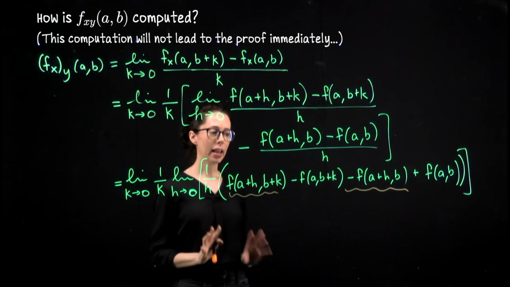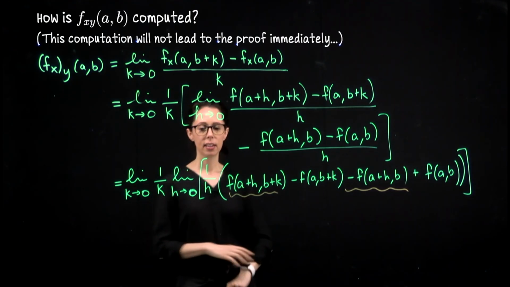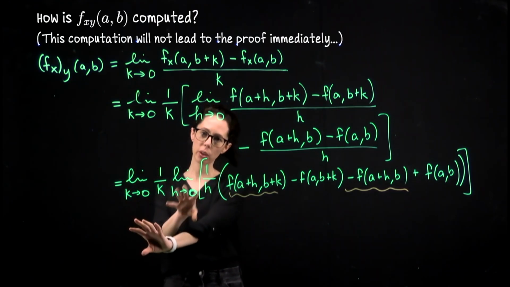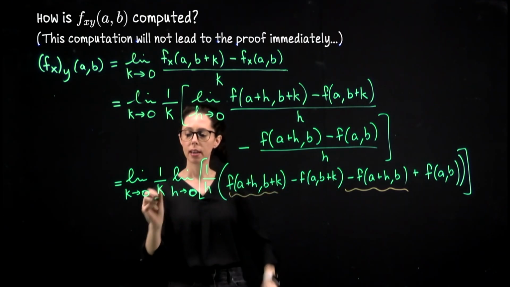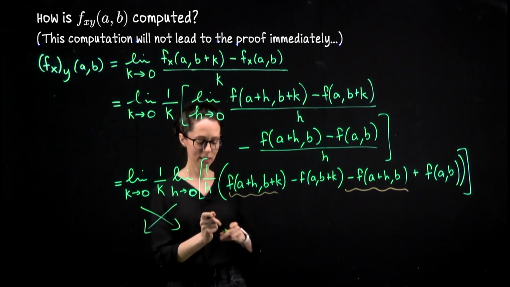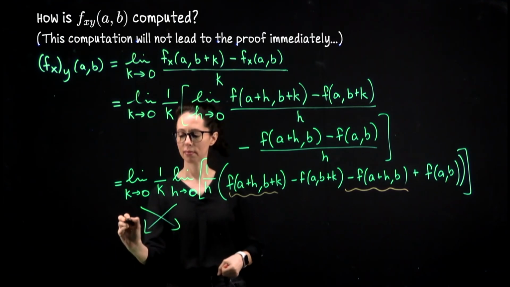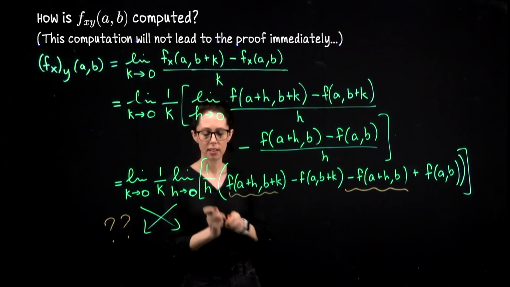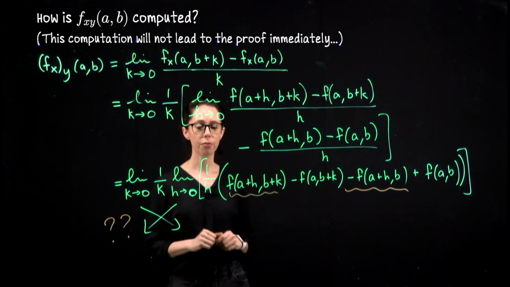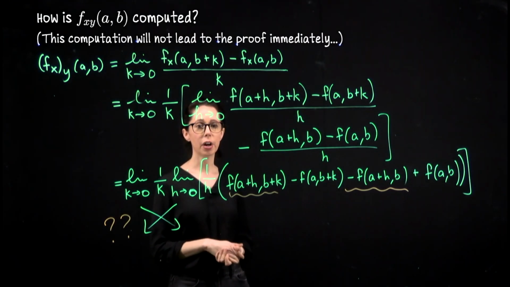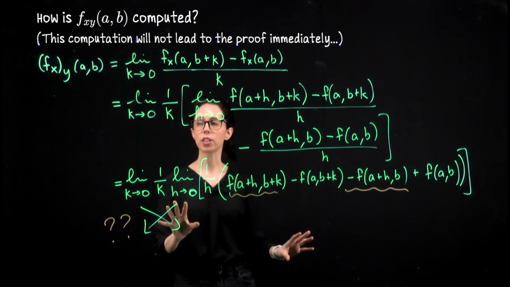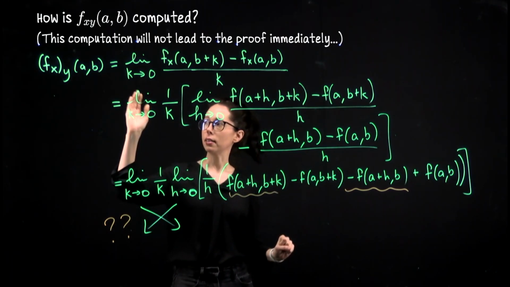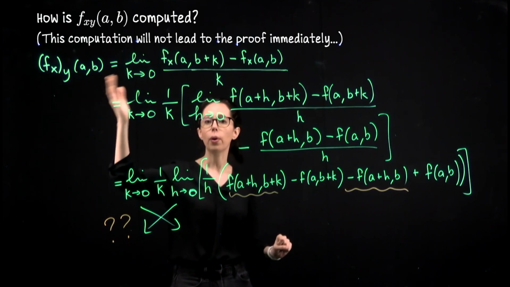But what I don't like is that explanations will then say, and then switch the order of the limits. So bring the k in, rearrange terms, do this, and then this, so that you take the limit as k goes to 0 first, and then as h goes to 0. And if that's fine, yes, after rearranging terms you would produce the derivative of df/dy with respect to x.